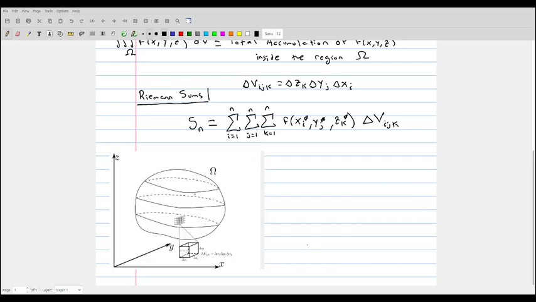These cubes are not over this entire region in this picture, but you have to take this visualization and visualize all of these cubes stacked on top of each other, extending all the way up and all the way over from the left to the right, and so on and so forth. So this is in general what a Riemann sum approximation is for a function of three variables over a three-dimensional domain.